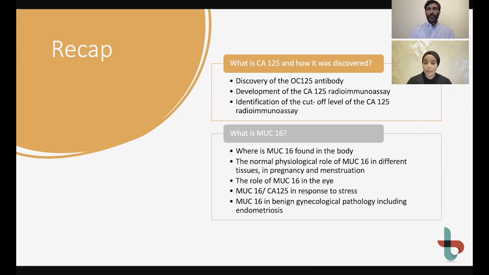If you want further details about this, I would advise you to go back and refer to the two lectures that we've done previously. We also talked about MUC16, how it's found in different areas of the body, and its physiological role, as well as its role in response to stress and in benign gynecological conditions.